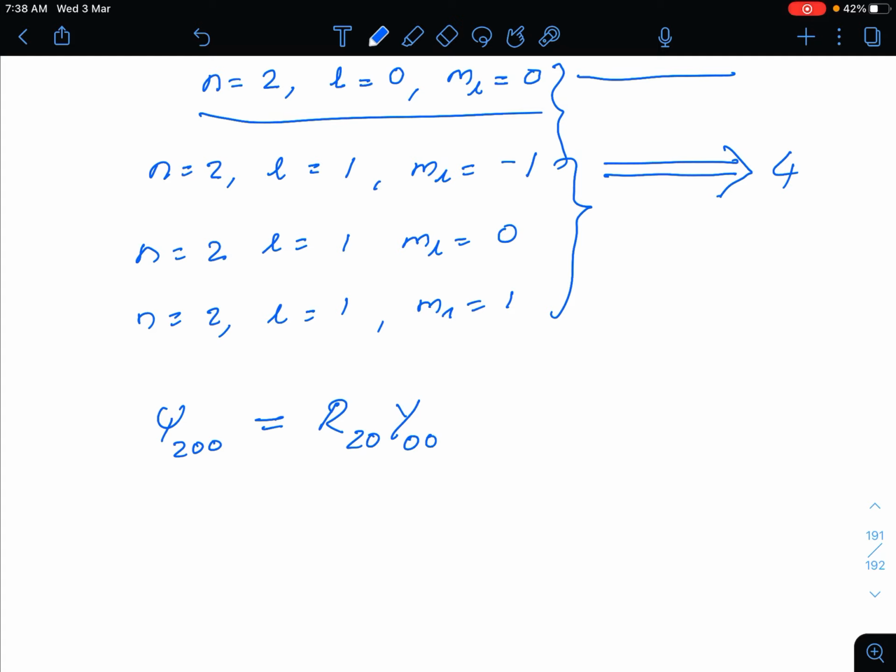The 2s state has a spherical symmetry, of course, and the spherical symmetry says that you have only the radial part. I think the wave function is root 1 by 4 pi times some r function.